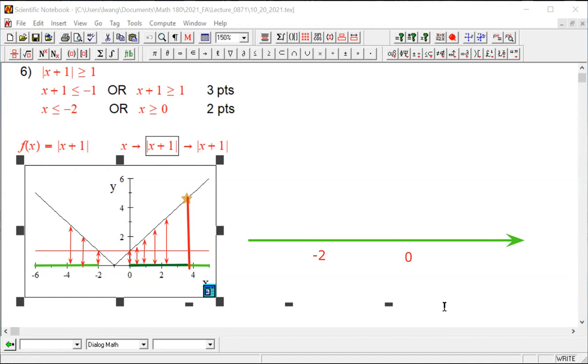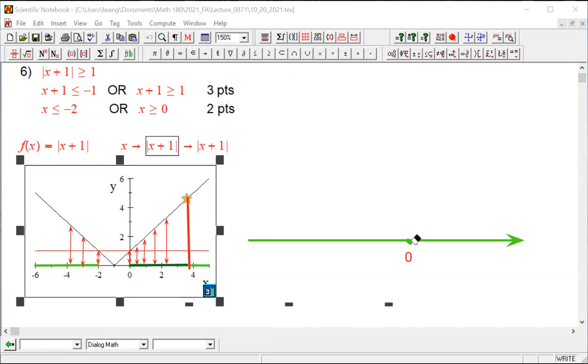We just emphasize those inputs. Oh, I should be using a different color.